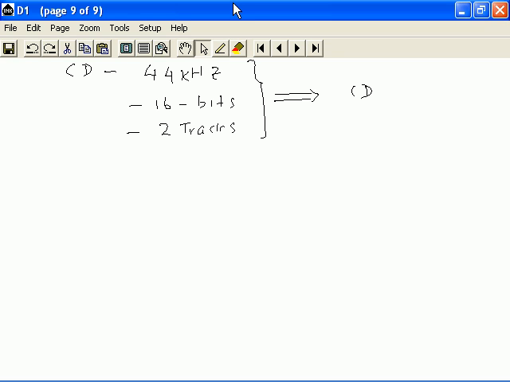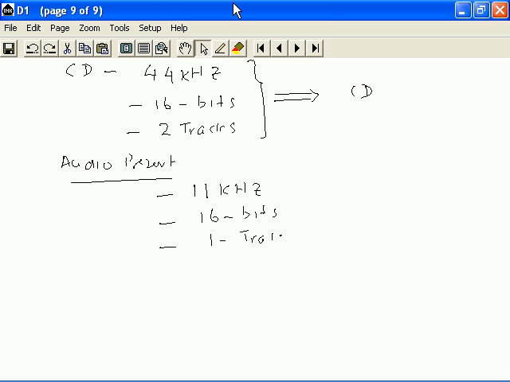The audio that you are hearing in this presentation, that is audio presentation, the parameters that were set for recording this presentation were as follows. The sampling rate is 11 kilohertz and the sampling depth is 16 bits, and there is only one track of information or audio stored in this case.